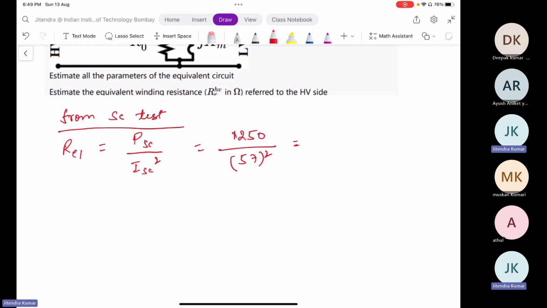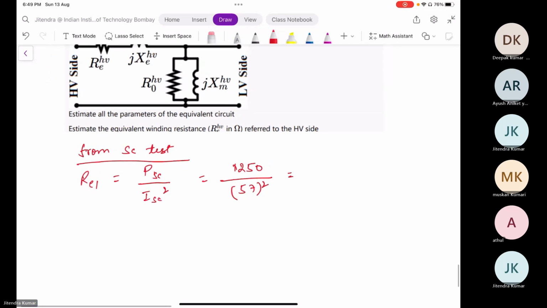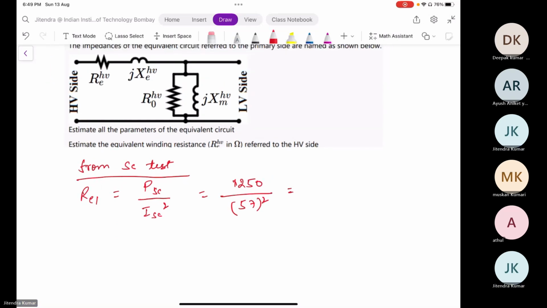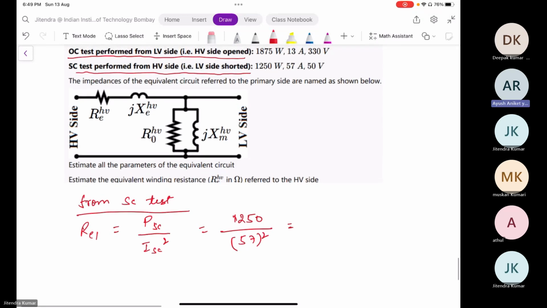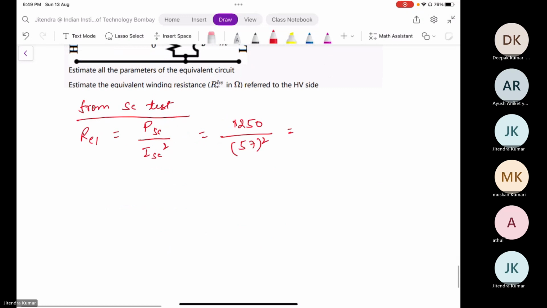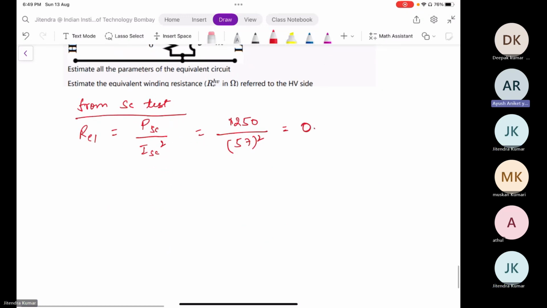And let me know the value of this. 0.3847. Yeah.